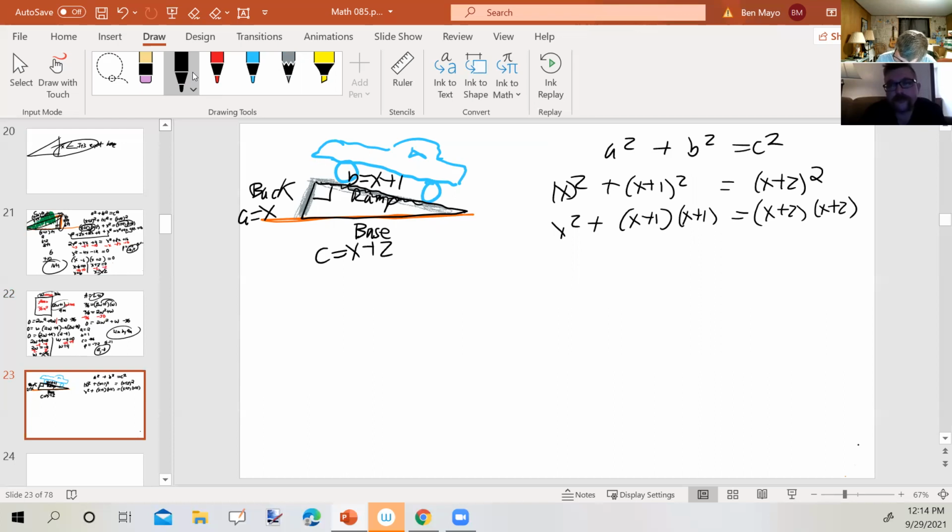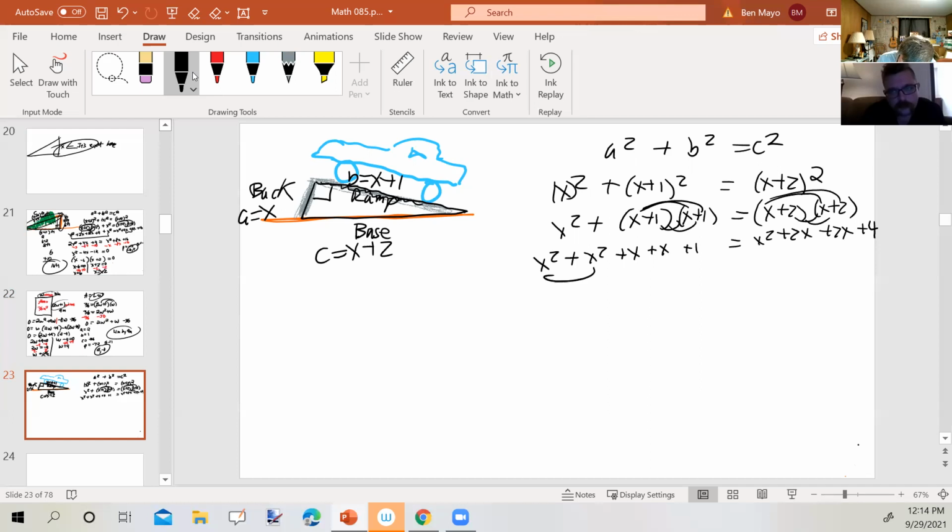Foiling the two binomial perfect squares, we've got X squared plus X squared plus 2X plus 1 equals X squared plus 2X plus 2X plus 4.